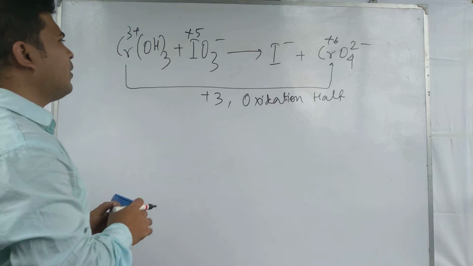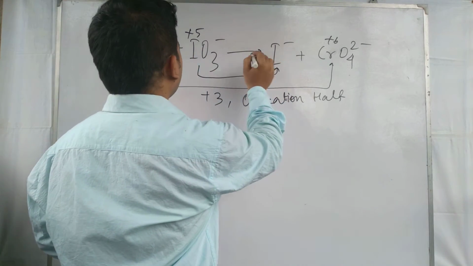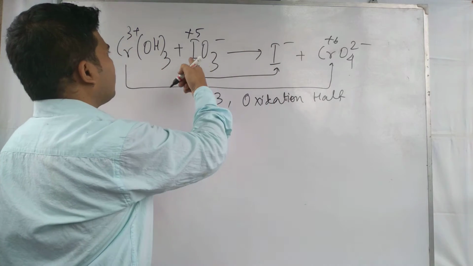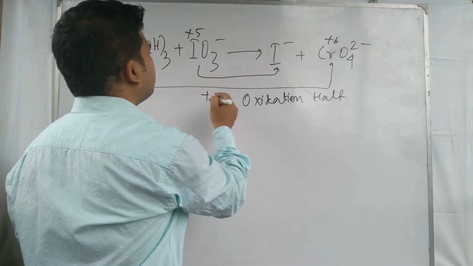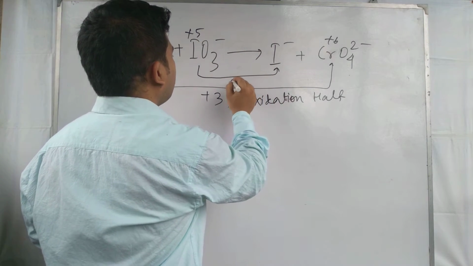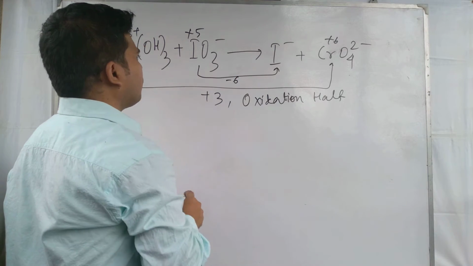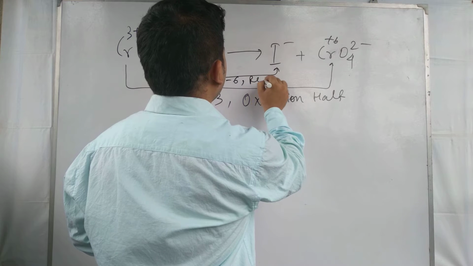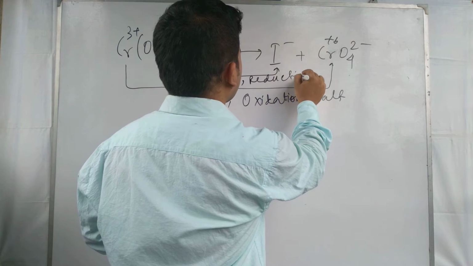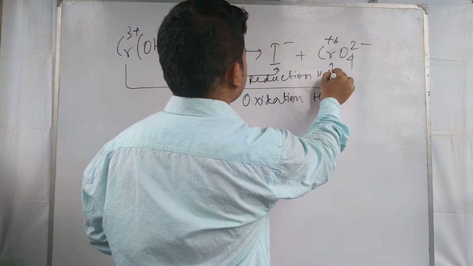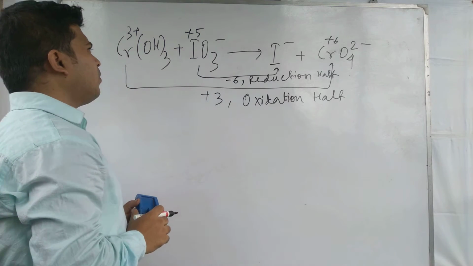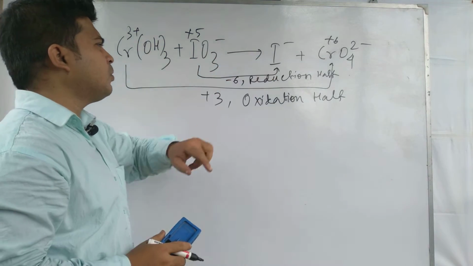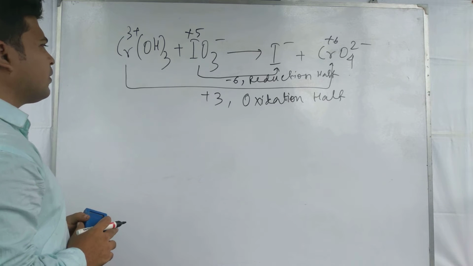And here look at this change: I minus means 1 minus is changing from +5. So here 6 unit decrease of oxidation number from +5 to -1. So it is the reduction half, where the +5 is changed to -1.